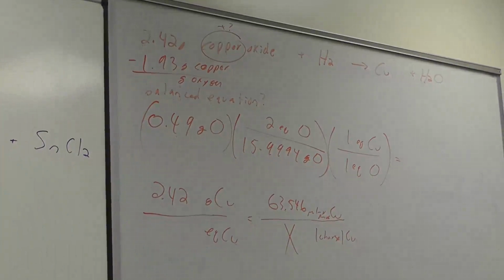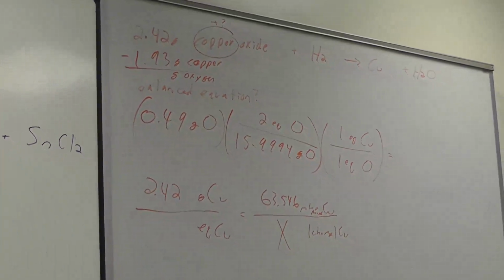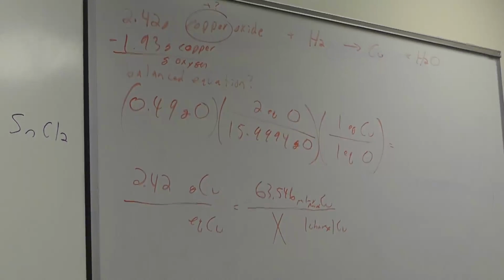So we turn the oxygen from grams to equivalents, and then equivalence oxygen to equivalence copper.